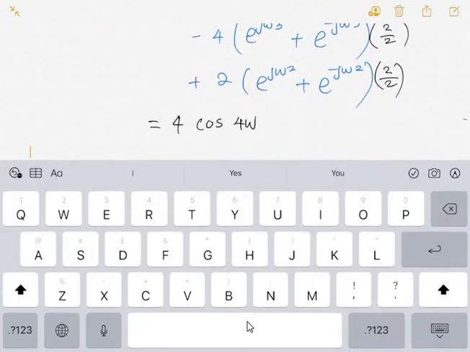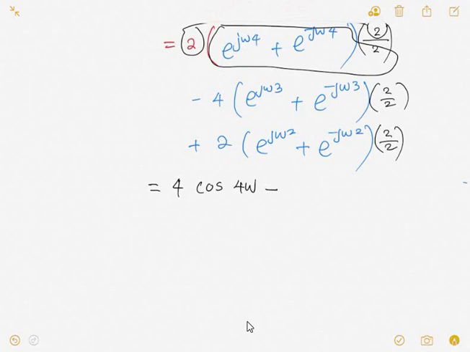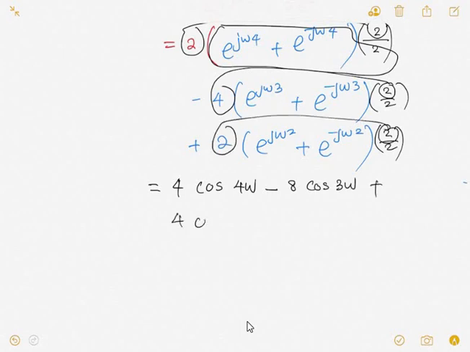And then minus 2 times 4, we have 8 cos 3 omega, plus 4 cos 2 omega, divided by negative omega squared.